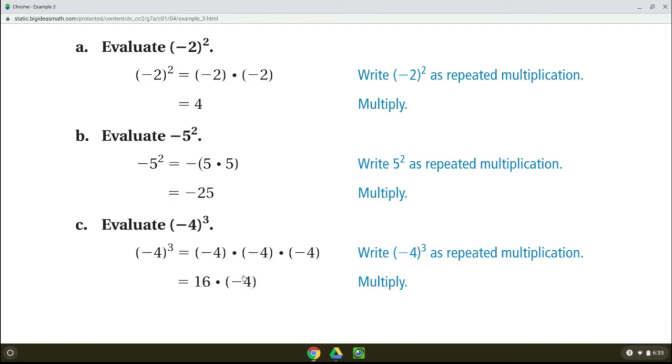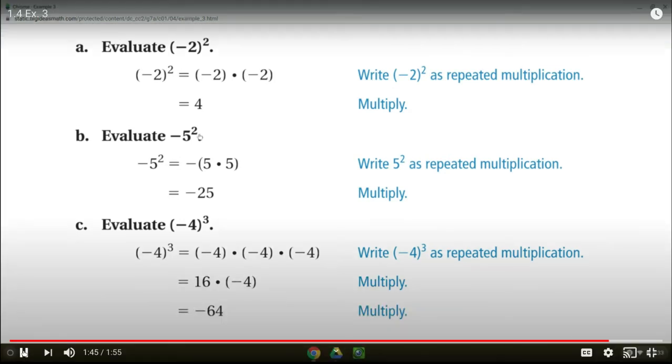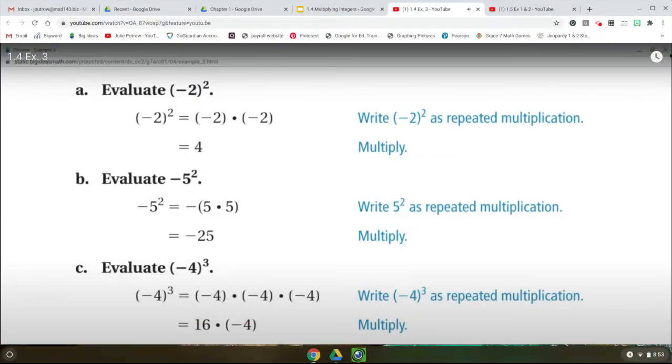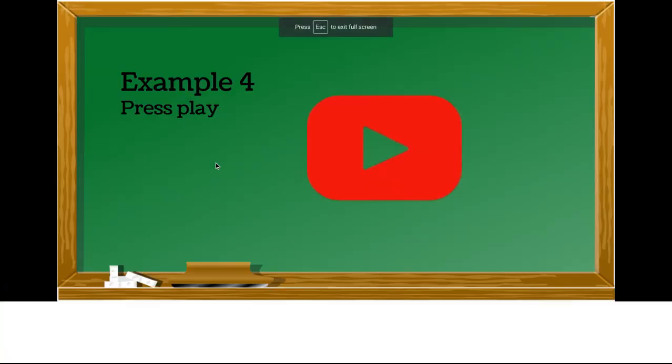And that means that the positive times the negative is going to give you a negative answer of 64. So really what stands out here are the parentheses that are around the base and what happens when you're multiplying more than 2 integers. Okay, and then we have one more example here, and we'll try some problems together.